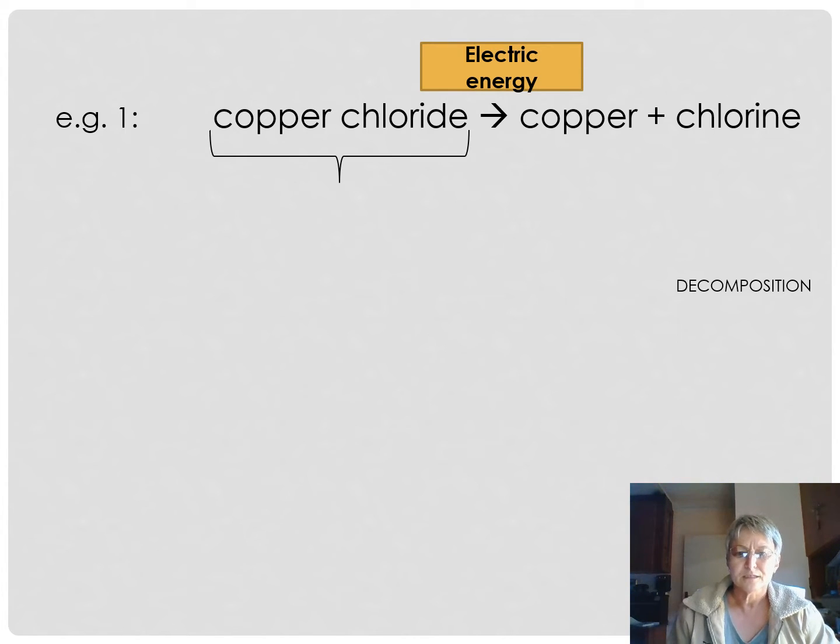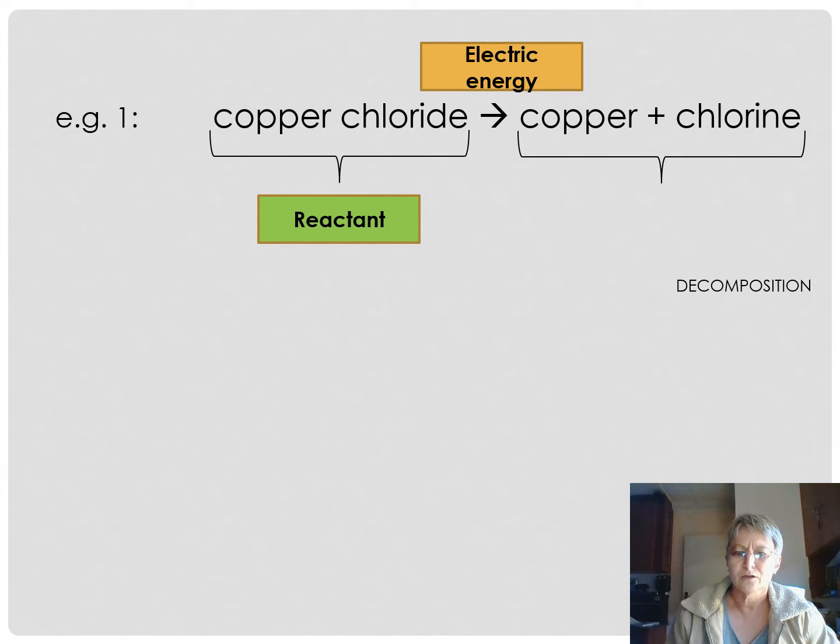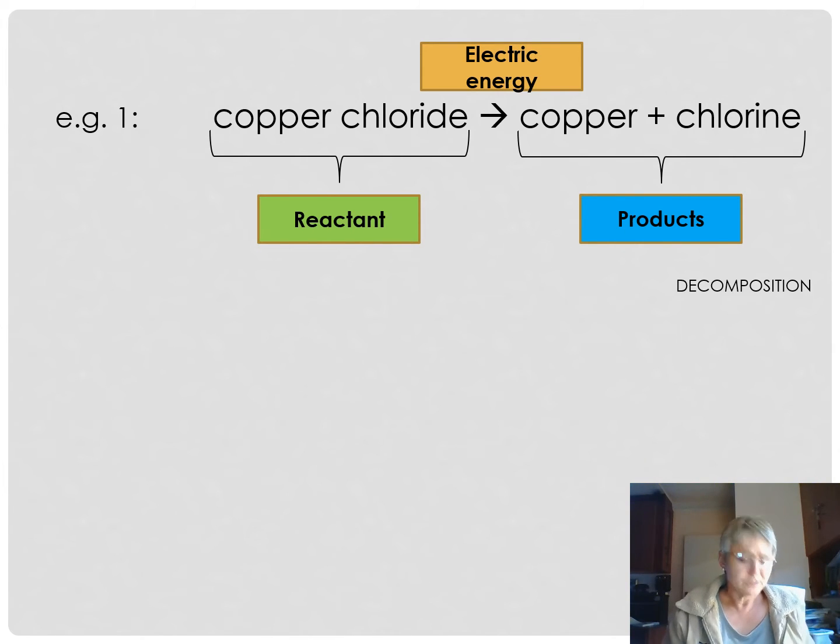On the left-hand side of the arrow, we have the reactant. So copper chloride is the reactant. And the copper and the chlorine would be the products. So this is one way of representing the chemical change that copper chloride undergoes.